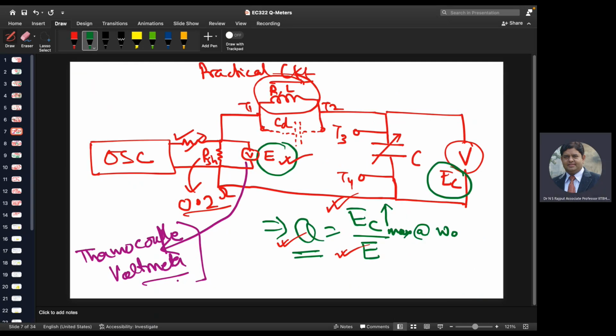So in a practical circuit, what happens? We have the terminals T1, T2, across which we will place an unknown coil of interest, of which we want to measure the quality factor, and it is connected in series with a variable capacitor C, right?